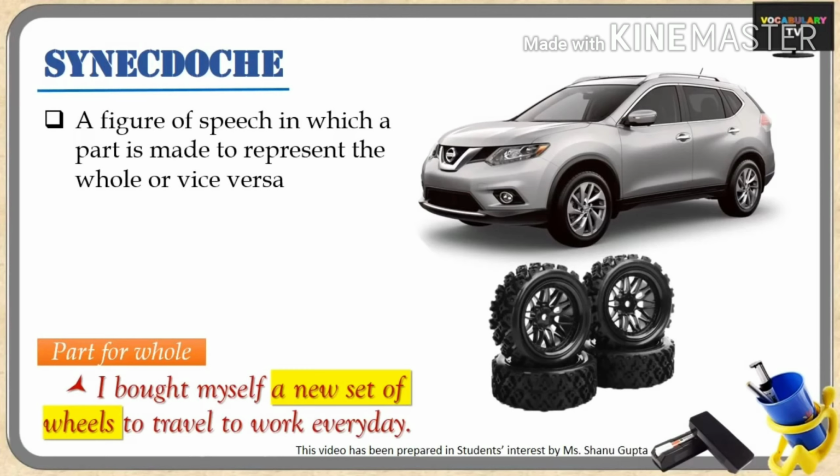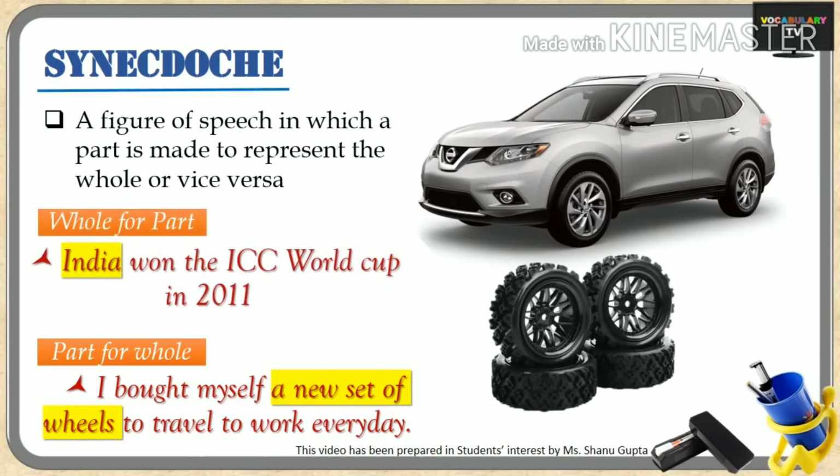For example, we can use a country name to represent any sports team of that country. Like if I say India won the ICC World Cup in 2011, it is understood that the Indian national cricket team won the World Cup.